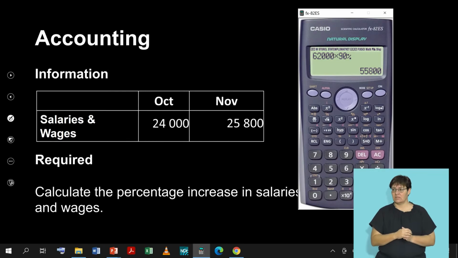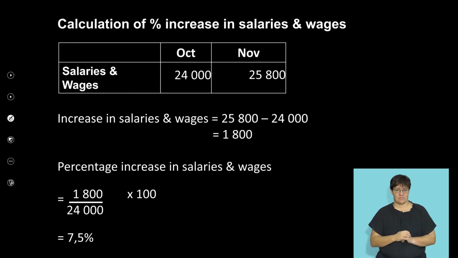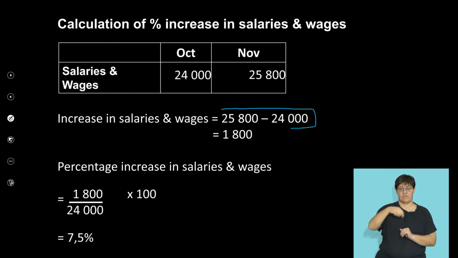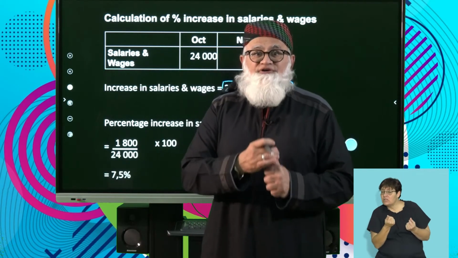Step number 1, take your 25,800 minus the 24,000, which will give you the increase in rands, which is 1,800. Step number 1, work out the increase in terms of rands.